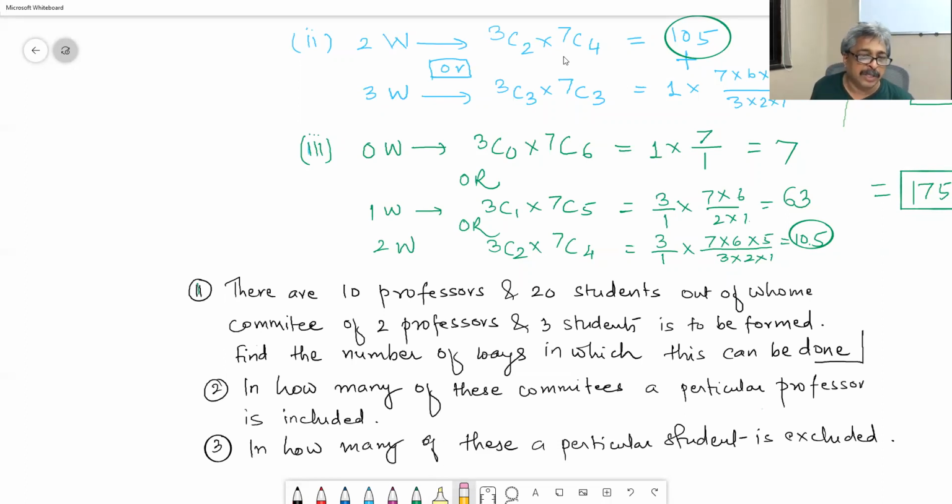And question number 11 point, or maybe sub question out of that, is in how many of them a particular professor is included, and in how many of them a particular student is excluded. So maybe this is 1 and this is 2. And this is the general question. Okay, I am expecting numerical answer, and maybe we will discuss the solution of this next lecture, because I want to give you a lot of time to think.